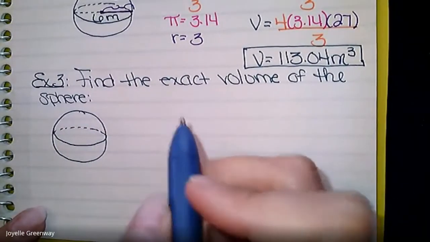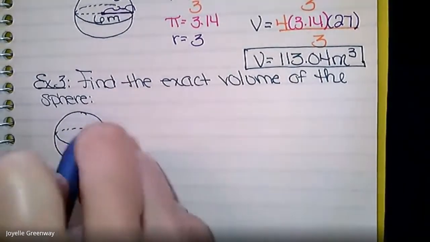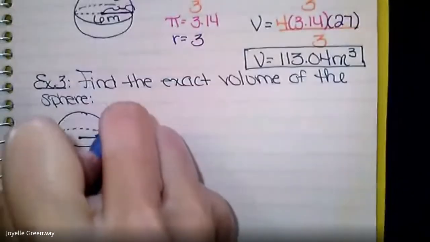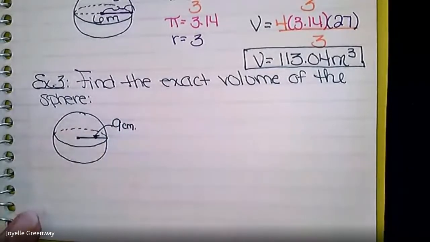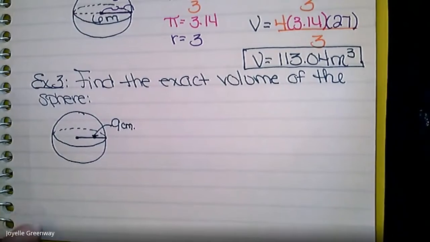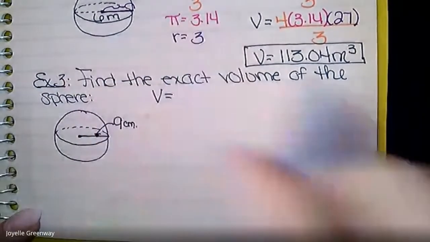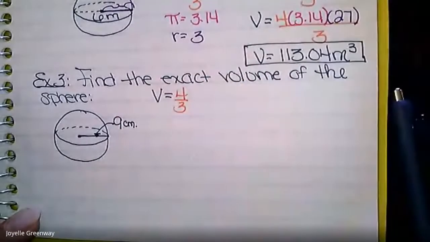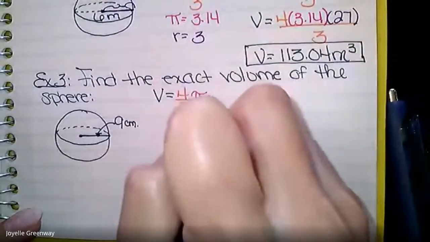Okay, I mean, it's not as good as the other one, but it's not tragic. So this is 9 centimeters. Okay. So let's remember the formula. Volume is equal to 4/3 times pi times your radius cubed.